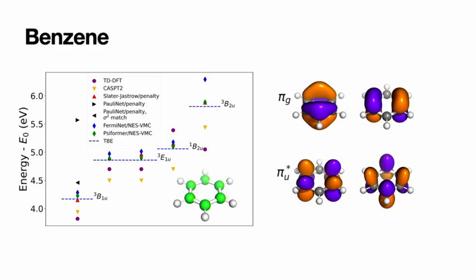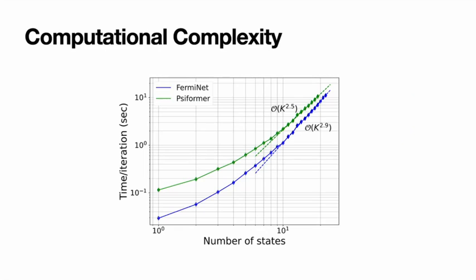So this is basically the first time that a neural network ansatz has been used to compute excited state properties to this level of accuracy, at least on the scale of benzene. And just finally, a word on computational complexity here. We are really looking at methods where we're trying to push accuracy as much as possible, sometimes at the expense of speed.